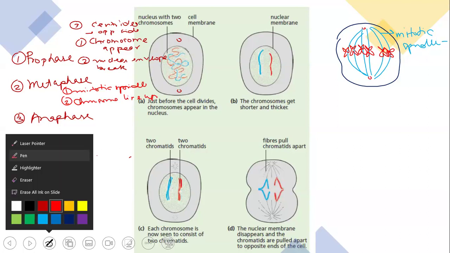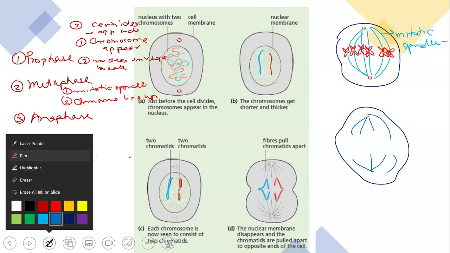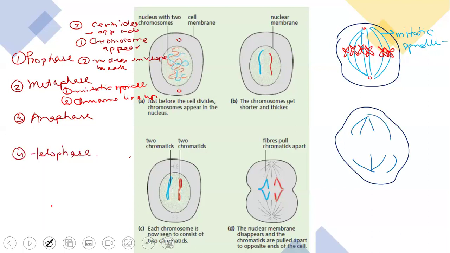Now, what happens in anaphase? These thread-like structures will start pulling the chromosomes apart. The thread-like structures will start contracting and pulling these chromosomes away from each other. So remember, what was a chromosome? A chromosome was made up of two chromatids like this, right?